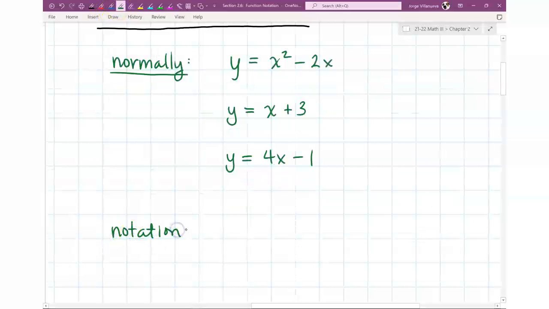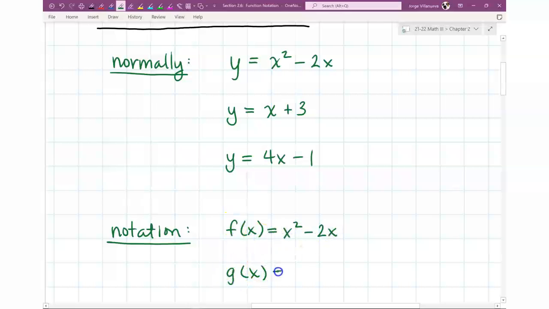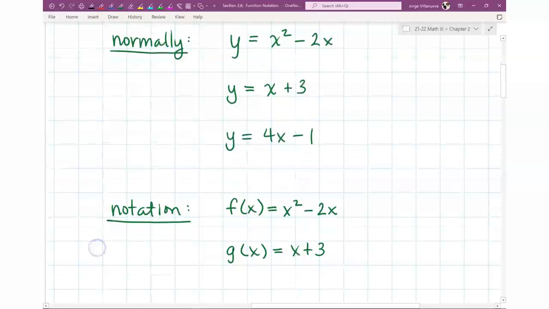Okay? So with notation, I might say f of x is x squared minus 2x. I might say g of x is x plus 3. And I can say h of x is 4x minus 1.